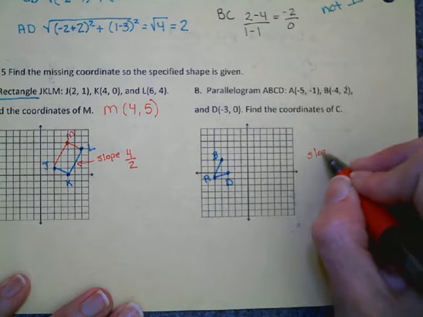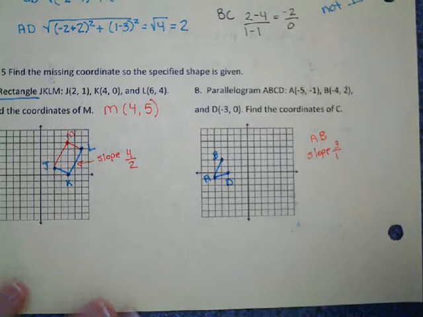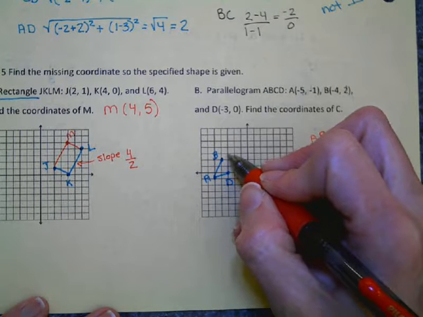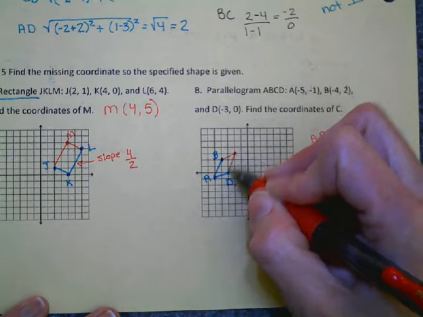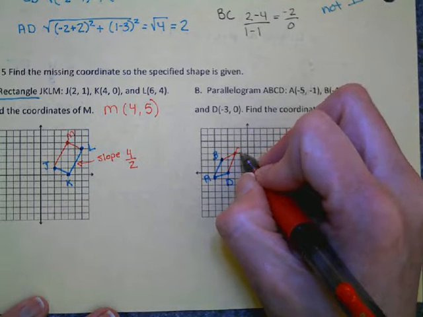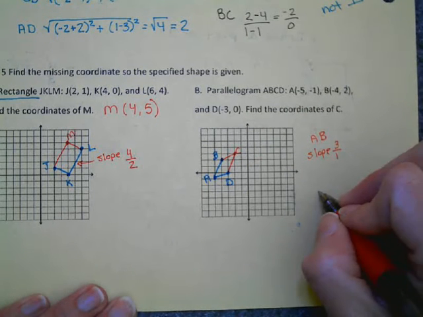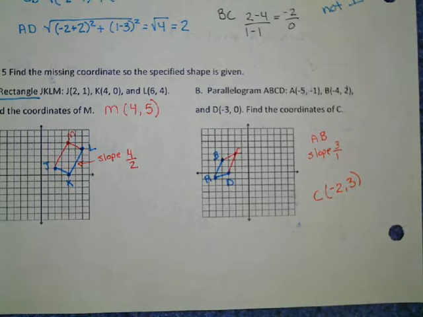So 1, 2, 3 over 1. The slope of 3 over 1 was AB, and that should be the same slope we get for the other one. So let's go up 3, 2, 3 over 1. And that should make a parallelogram. So this point here should be point C. Its ordered pair is 1, 2, 1, 2, 3. So C is at negative 2, 3. So you're going to graph those and find the missing point.